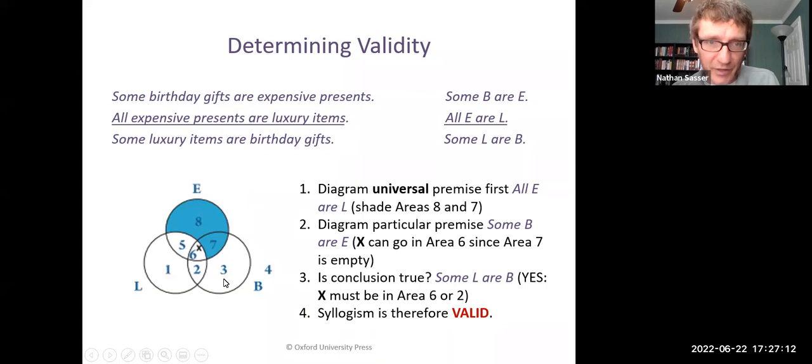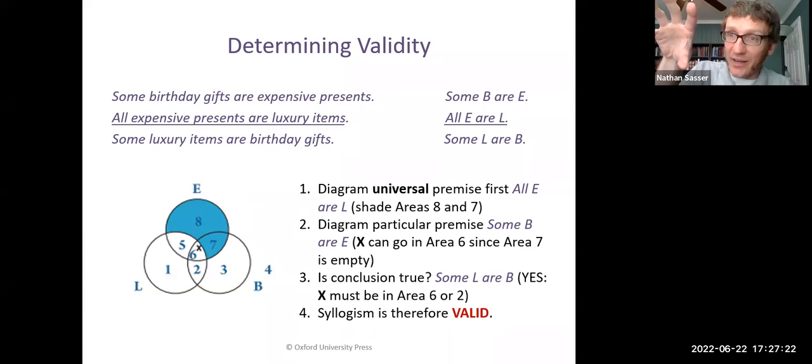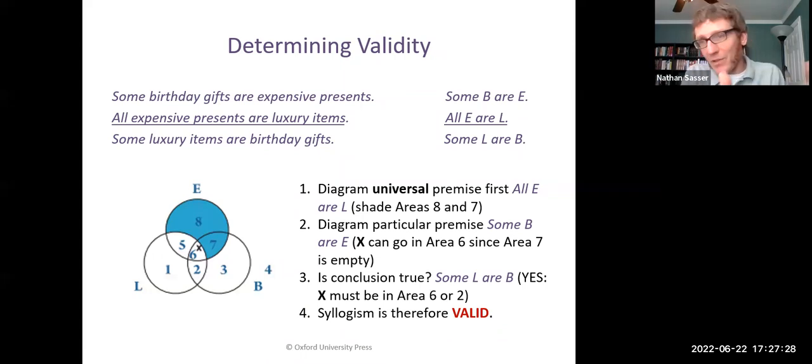We would have gone to B and been like, okay, what's left in the overlap area between B and E? Oh, it's only area 6. That's the only place we could put the X. So instead of provisionally putting the X on the line and then bumping it over when you shade the adjacent area, you just put it directly in the only remaining area in the first place. So it can make your life easier if you do the universal premise before you do the particular premise.